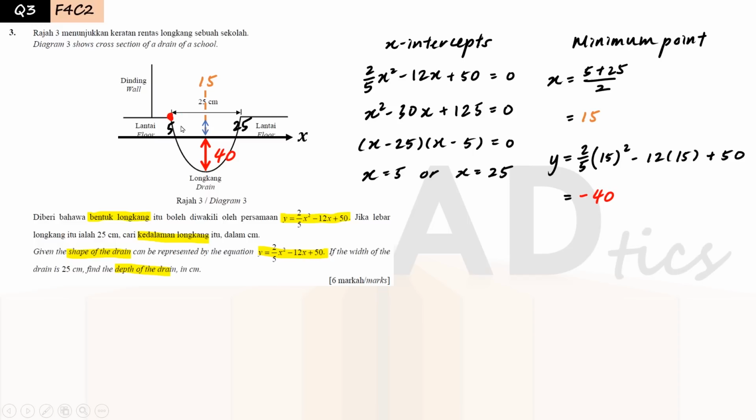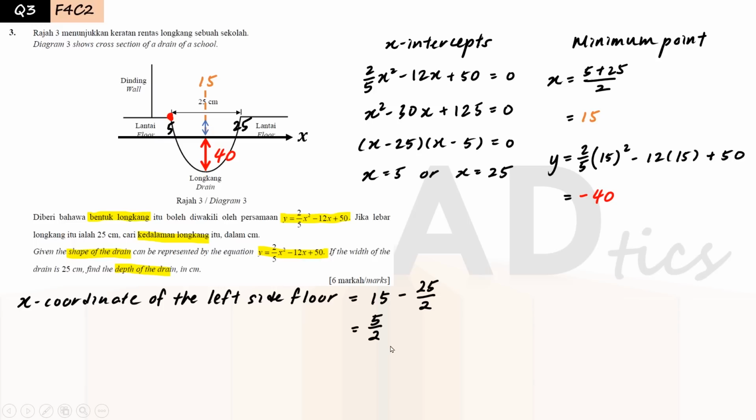To find the x-coordinate, we can use the middle line, and since we have the length between the two ends of the floor, we can split this 25 into 2. So the x-coordinate will be 15 minus 25 divided by 2.